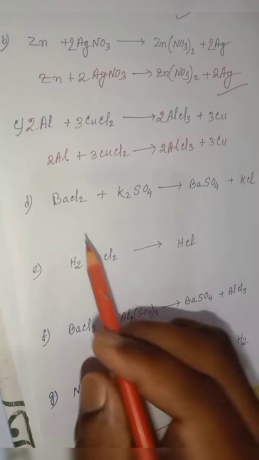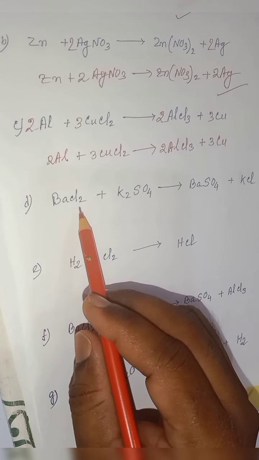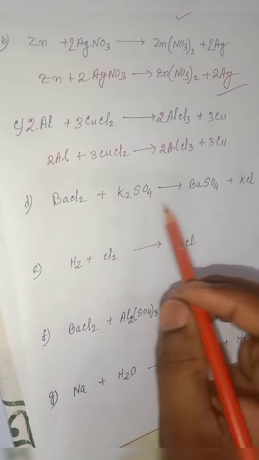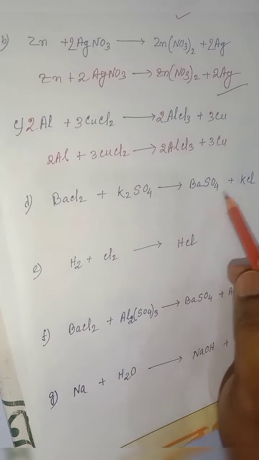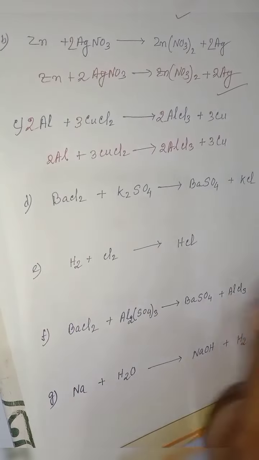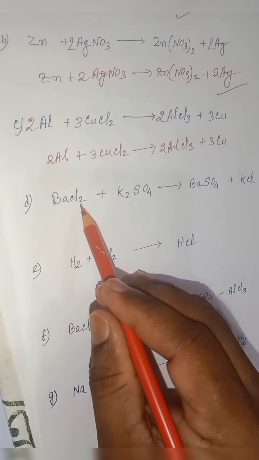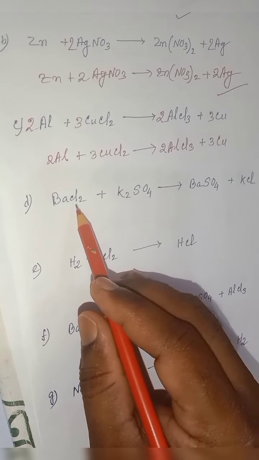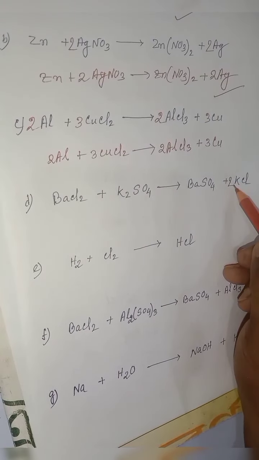Next, D: the reactants barium chloride plus potassium sulphate, the products barium sulphate plus potassium chloride. That is BaCl2 and K2SO4 as reactants, products BaSO4 barium sulphate plus potassium chloride. Number of Ba is the same on both sides, but the number of chlorine on the left hand side is 2 and on the right hand side 1, so multiply by 2.